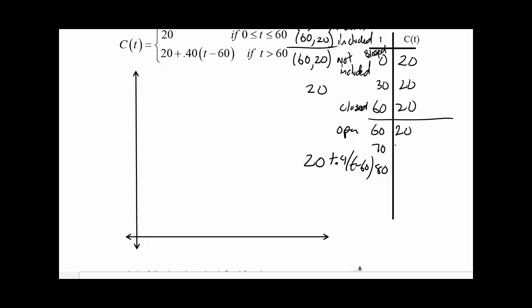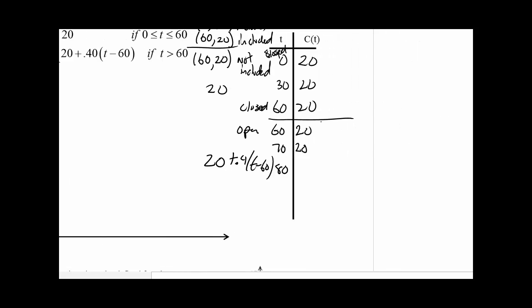But I want to know what about when it's 70. So 20 plus 0.4 times 70 minus 60, and I'm just going to go to a calculator and type that in real quick. So I get 24.